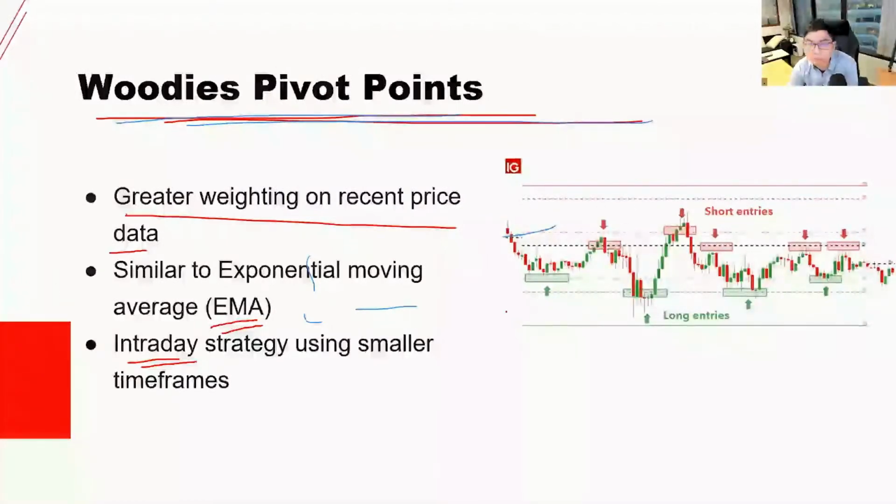Traders use these levels as a guide for future price movements when setting up trades. The calculation for the Woody pivot points differs from other pivots because it places a greater weighting on recent price data than the other variations.